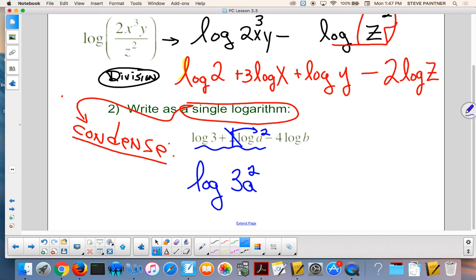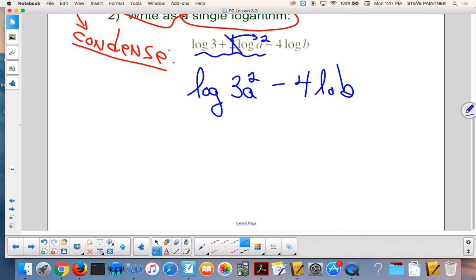Those 2 make log of 3a squared minus 4 log of b. Now you have log of a number minus log 4 times log of a number. So minus means what? Now we're going back where?